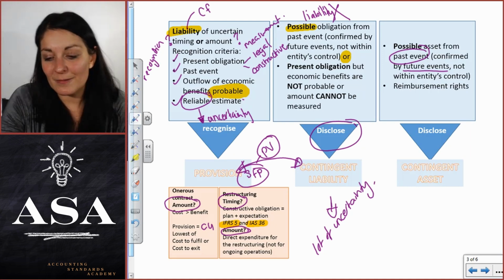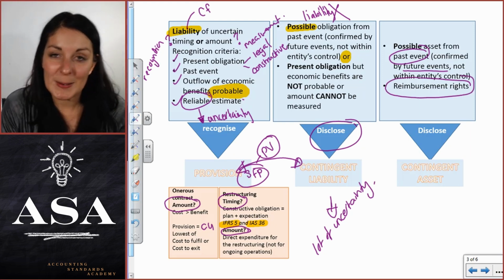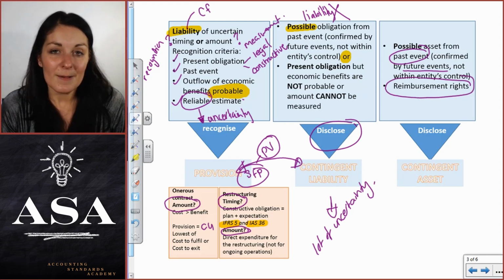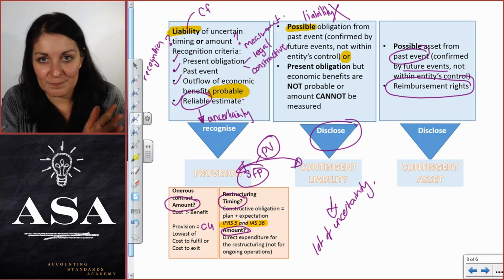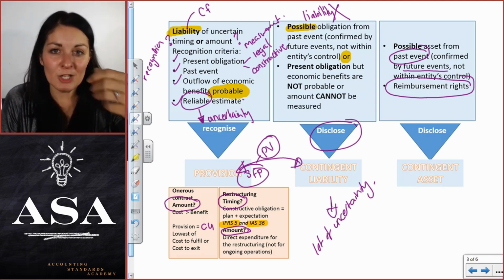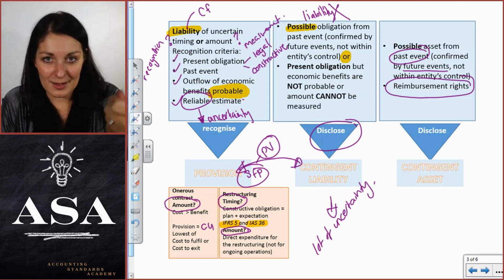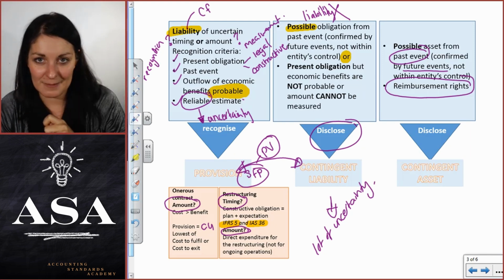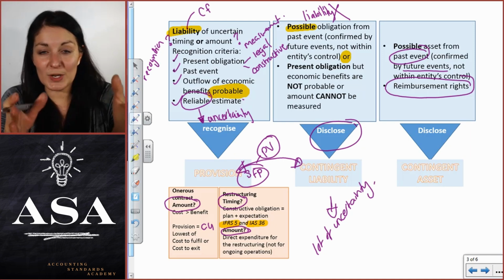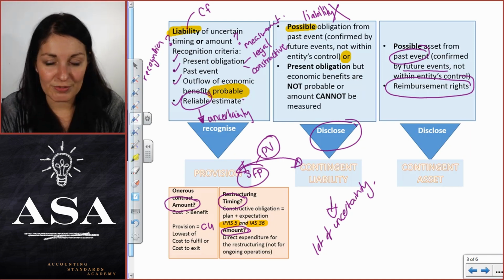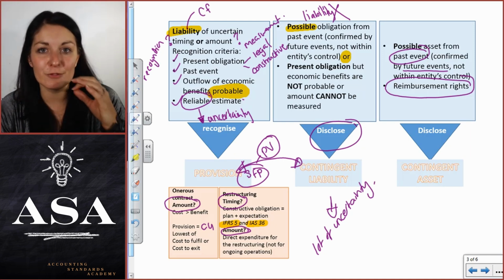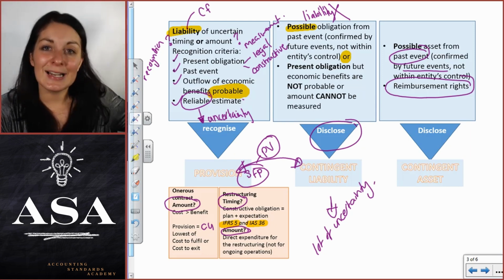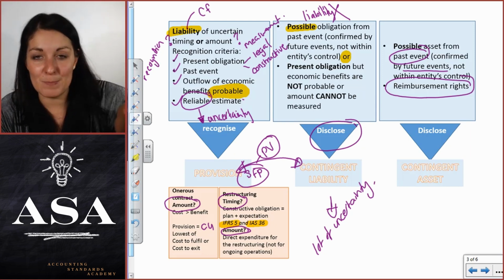Now be very careful. IAS 37 talks about reimbursement rights. These reimbursement rights are basically tied to our provision, where we have a legal obligation to make a payment or to transfer economic resources to another party. So we have no choice. We're going to settle this amount with the party, but we have recourse. We can go to an insurer or to another third party and claim that amount back as a reimbursement.